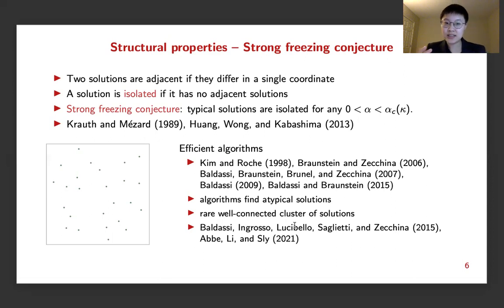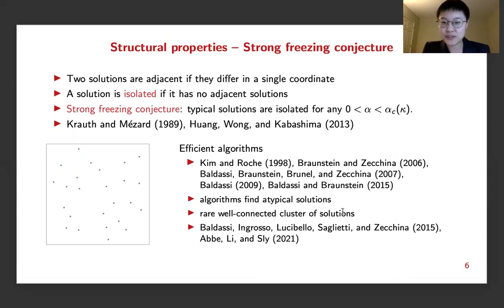So what does it mean? It is true that most of the solutions are isolated, but aside from those isolated solutions, there are also some rare, well-connected solutions, and it is those rare, well-connected solutions that are found by efficient algorithms. So there's this very nice contrast between typical isolated solutions and those atypical, well-connected solutions.